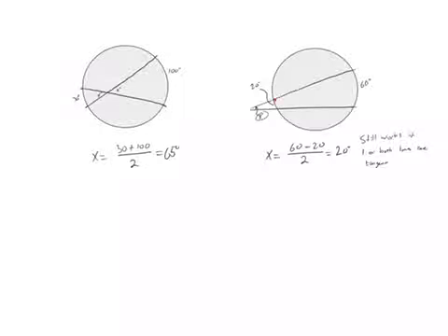It just happened to be the same as that. It's not always true that it's the same. It just happened to be. So this one minus that one divided by 2 gives you that one up there. And this also works if one or both of these lines are tangent, right? So if this line instead went out there, it'd be this one minus that one divided by 2 would give you a measure of that angle.